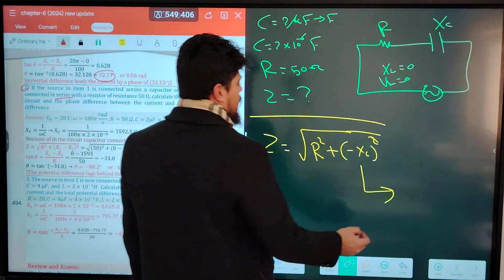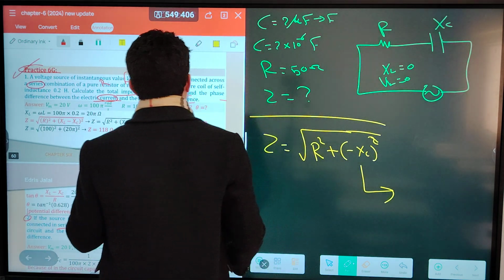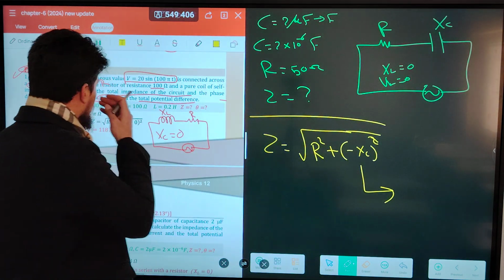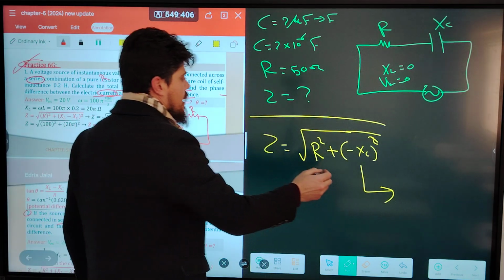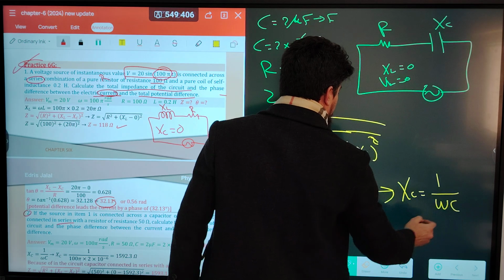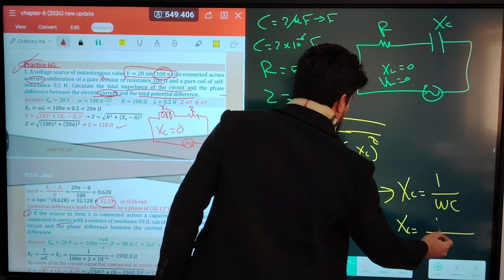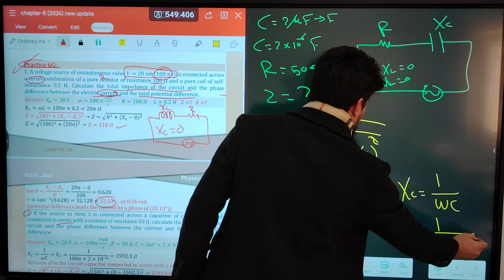But guys, we don't have XC, instead we have the frequency. Sorry, we have omega. XC is equal to 1 over omega C. Omega is 100 pi, C is 2 times 10 power negative 6.